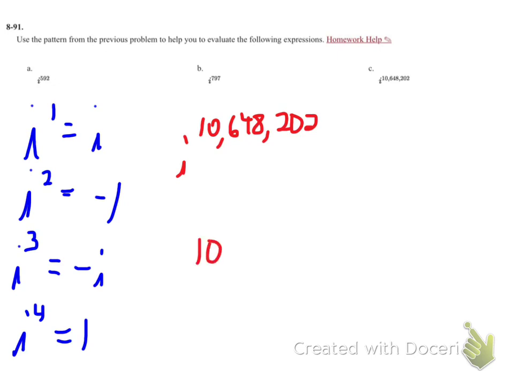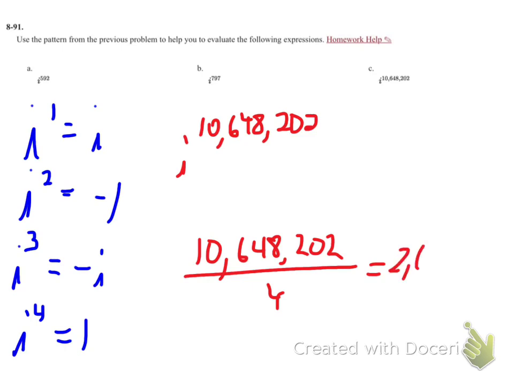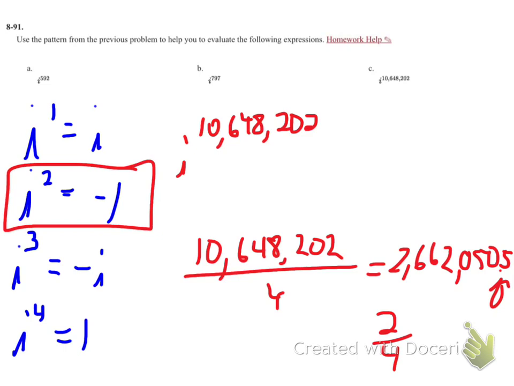So if I do 10,648,202 divided by 4, I end up getting 2,662,050.5. 0.5 is 2/4, so it ends up being i squared.